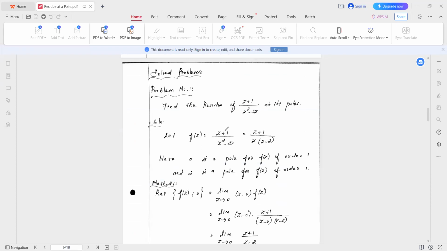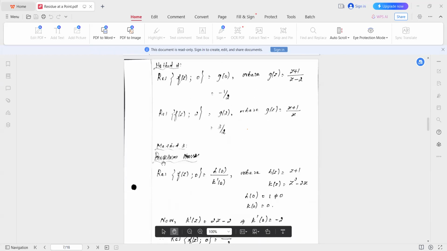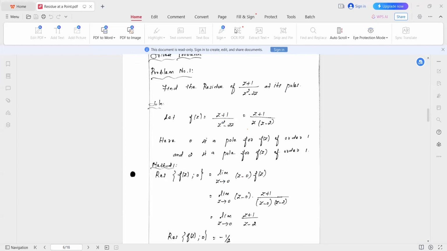The terms in the numerator part is h of z. The terms in the denominator part is k of z.